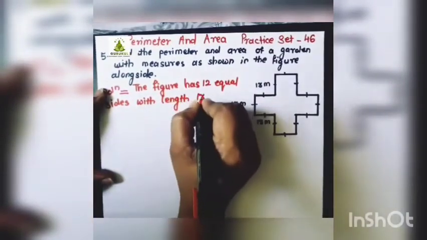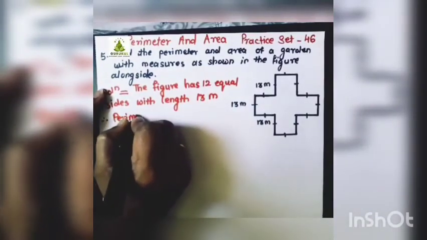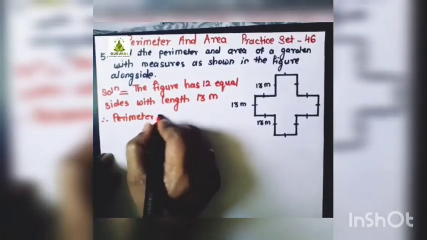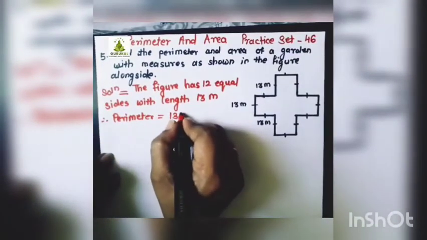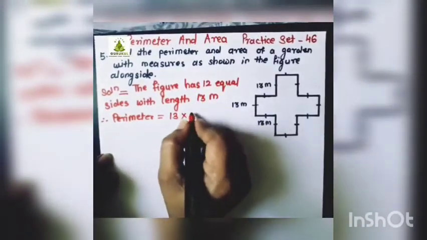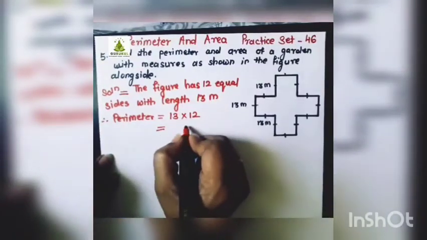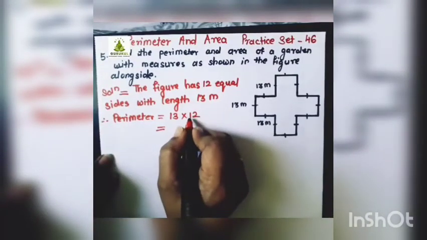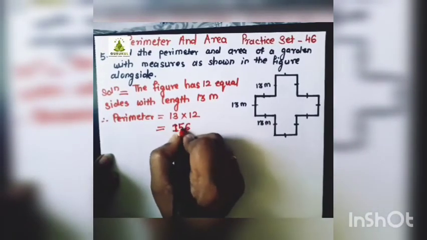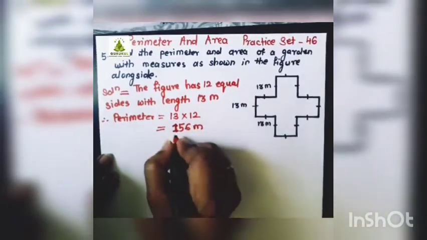Therefore perimeter is equal to 13, either you can add 13 twelve times, or you can multiply 13 by 12. 13 twos are 26, 13 ones are 13, plus 2 is 15. So here it will be 156 meters. Perimeter we got.